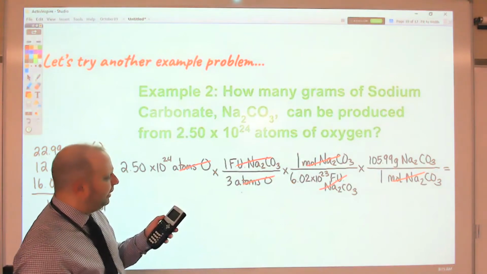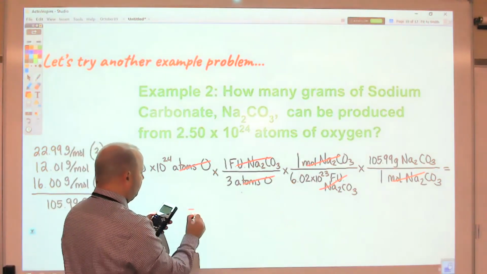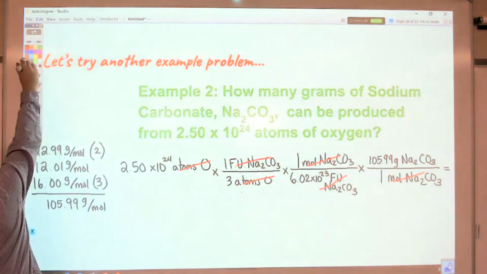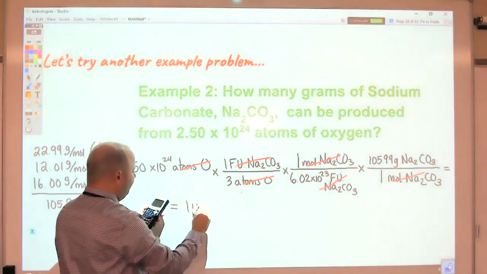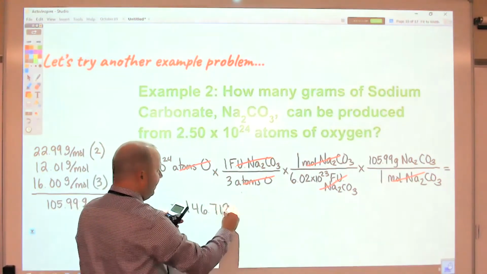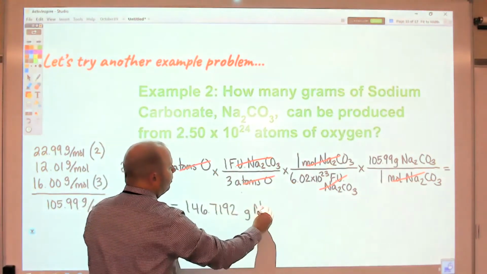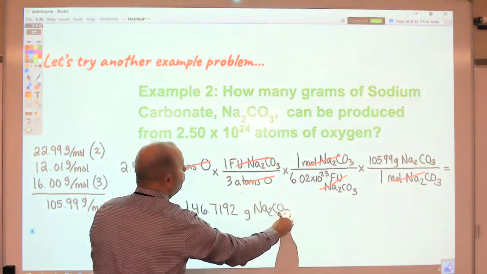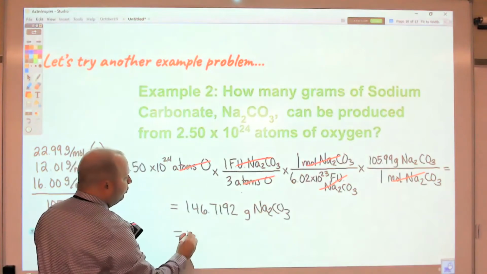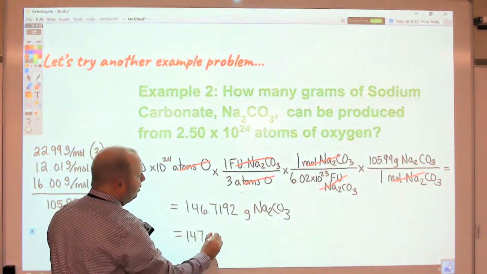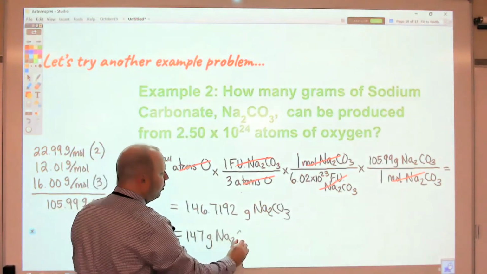And I wind up with an answer of 146.7192 grams of Na2CO3. But again, we're going to be limited to 3 significant figures. So it's going to be 147 grams of Na2CO3.